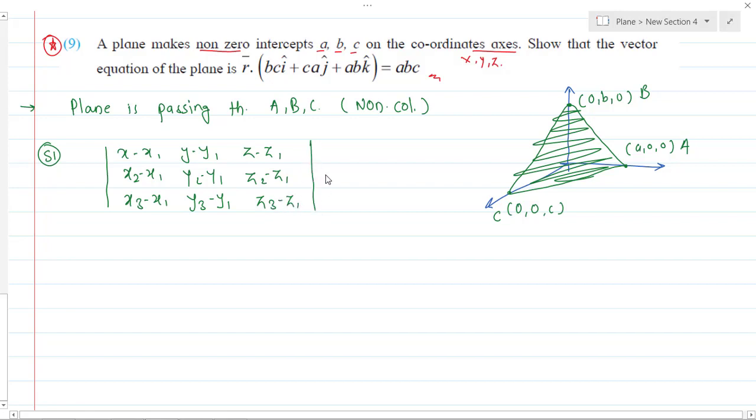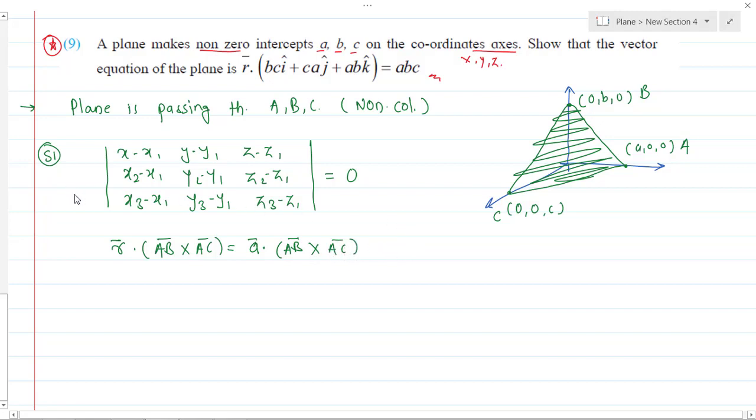This is in the Cartesian form. You can write it in vector form also. So what will the equation be in vector form? In vector form, the equation will be: r bar dot AB bar cross AC bar equals A bar dot AB bar cross AC bar. This is the vector equation.